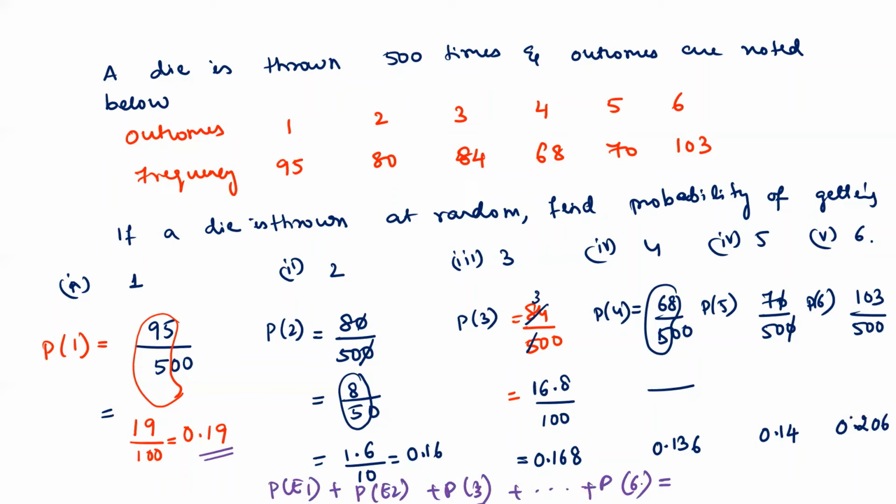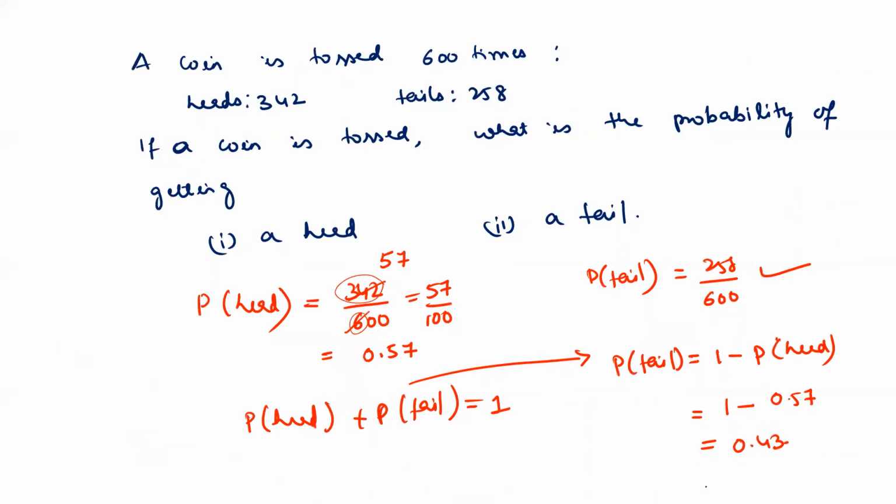This experiment will have only these 6 events. So how much will you get? It's always 1. Here we can't find the remaining events if I know the probability of 1 event, because we have many events here, unlike head or tail, where there were only 2 events.